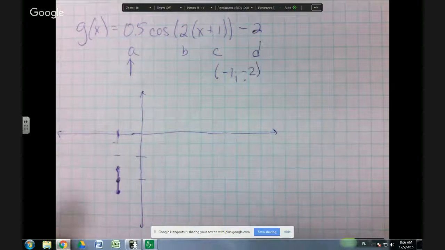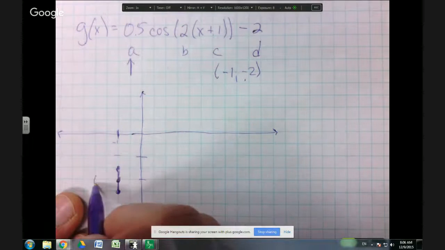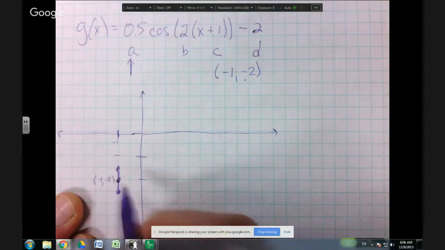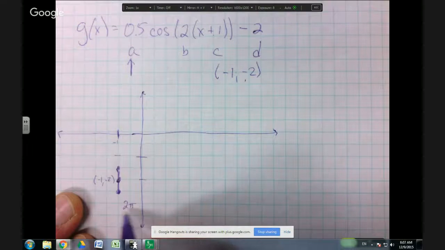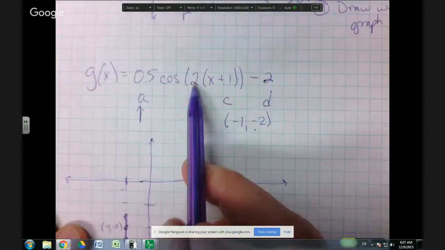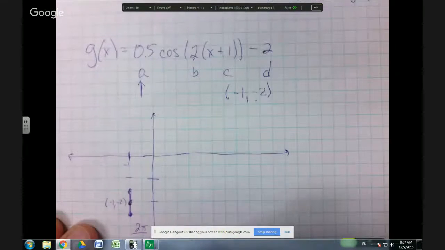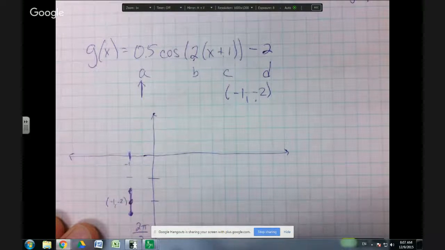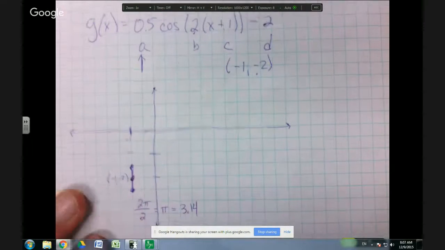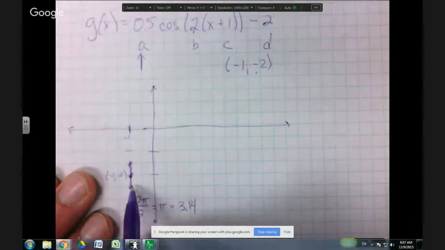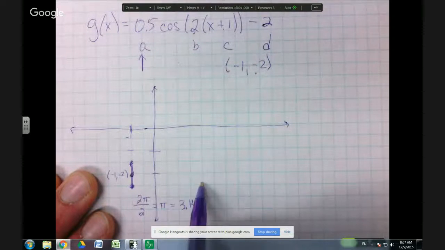And now all we need is our period. Our period is 2 pi over 2, which is pi units, right? Or 3.14. So we need to go 3.14 units in this direction.